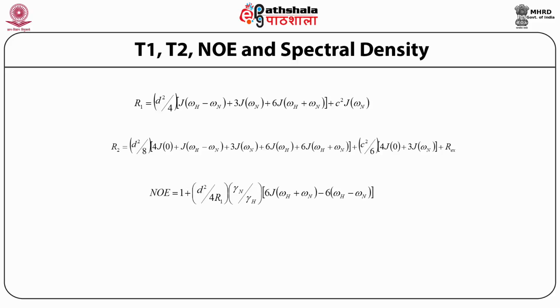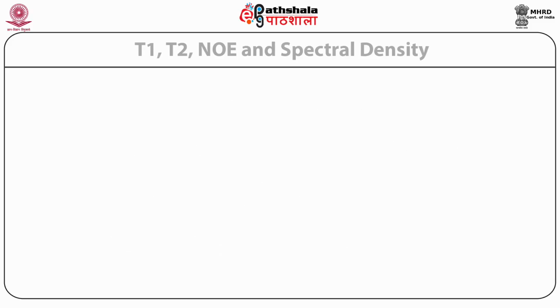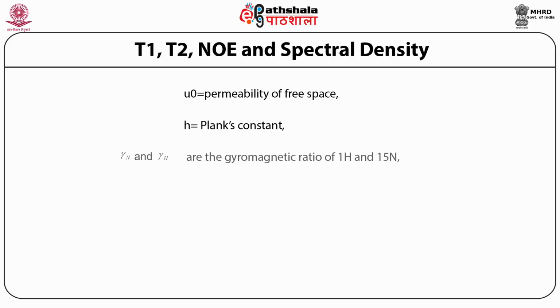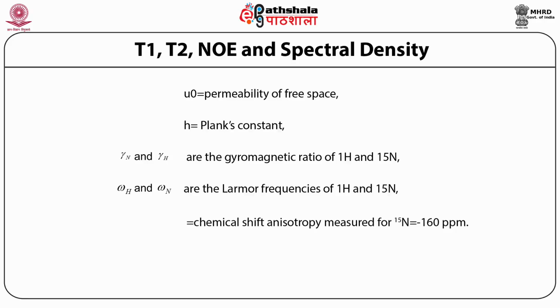Similarly, NOE is given by these equations, where d depends on the gyromagnetic ratio of N, the gyromagnetic ratio of H, and the distance r N-H. The previous slides give you some equations where mu naught is the permeability of free space, h is Planck's constant, gamma N and gamma H are the gyromagnetic ratios of 1H and 15N, omega H and omega N are the Larmor frequencies of proton and 15N, and delta sigma is the chemical shift anisotropy measured for 15N, which is around minus 160 ppm.